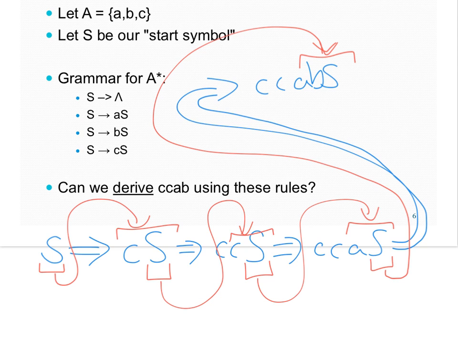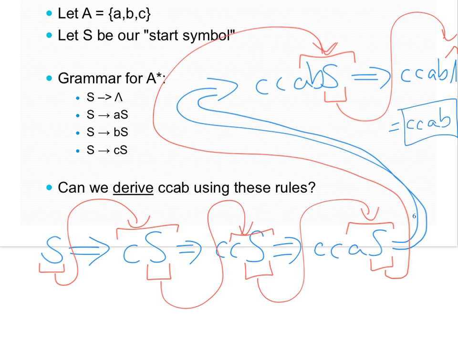So I am going to say that one goes to CCAB lambda, because of course we can take S and turn it into lambda using this rule up here. And now if you look, I've derived CCAB lambda, but CCAB lambda is exactly the same as CCAB. And so I have derived CCAB using these rules.